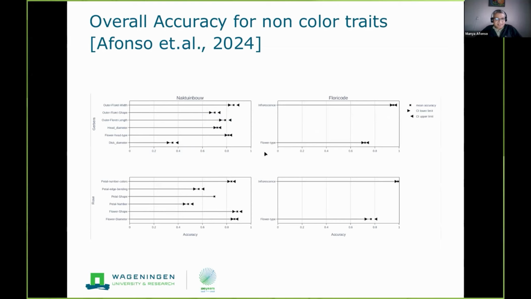And again, for the accuracy plots for the non-color related traits, we had quite a lot of them with accuracy of 75% or above, and there were very few of the traits which were difficult.